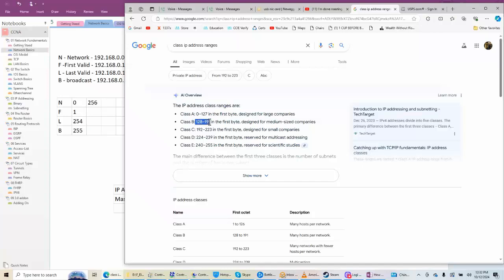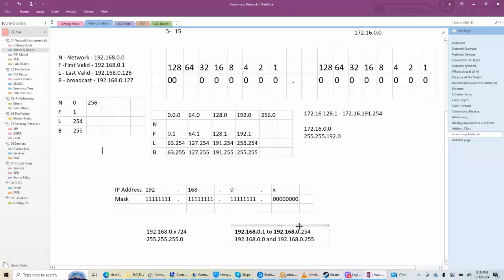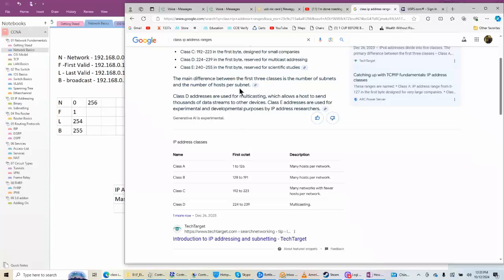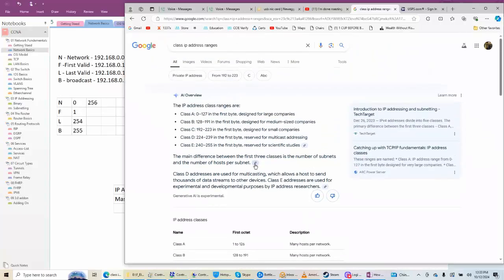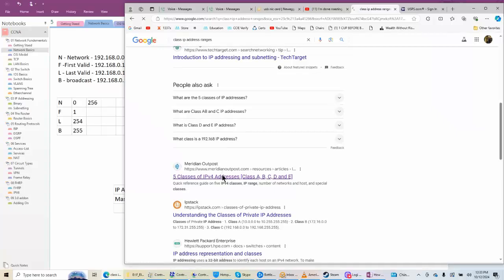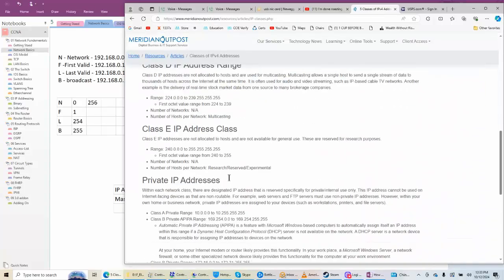So 128 to 190. See, I was thinking about something different. So maybe I have been using this to the point where, let's go back. That's not telling me the whole thing here. That's just the first octet. This is the chart that I want to see.